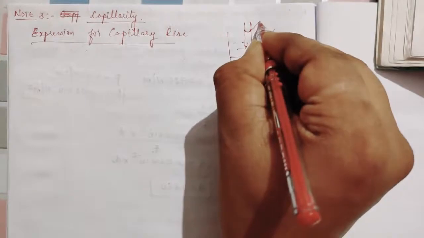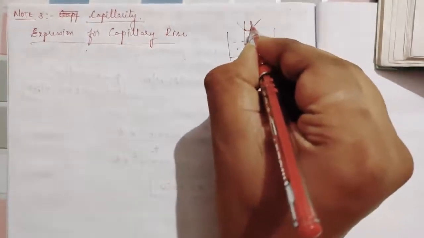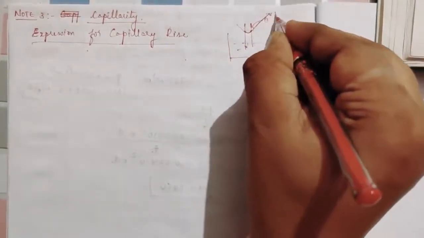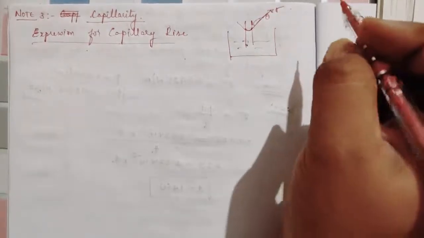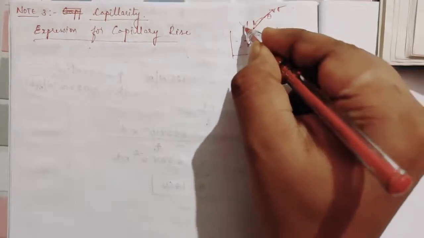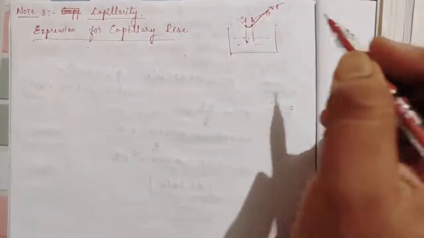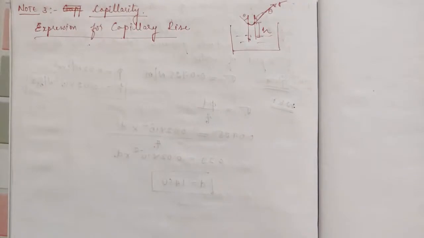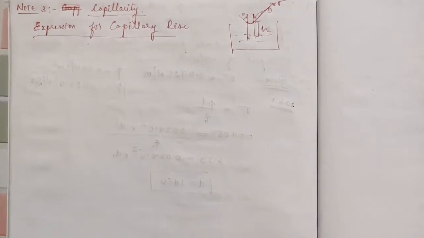Then if we take a tangent here, some value of theta will be there, and the tangent force will be your surface tension. This angle is theta, and the height of capillary rise is H. In capillary rise, the main thing they ask is problems on the height.